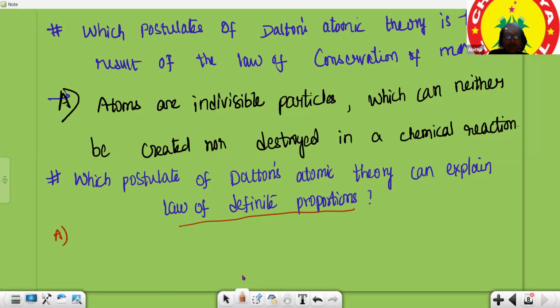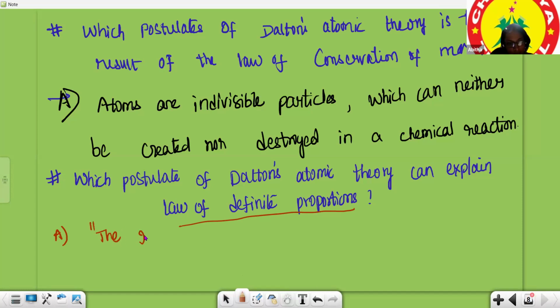So which postulate of Dalton's atomic theory can explain the law of definite proportions?